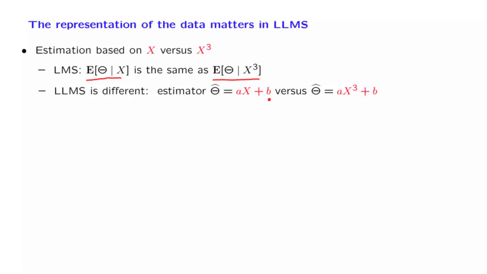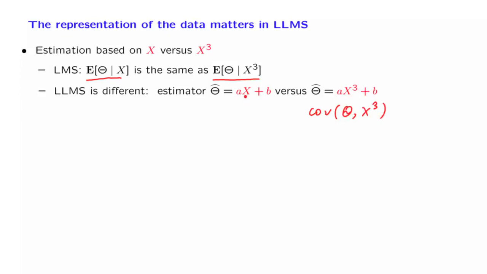Let me also point out a related issue that would come here. To find the right choice of A, you need to know the covariance between x and theta. That's what the formula tells us about the optimal linear estimator. Here, you would need to know the covariance between theta and x cubed.